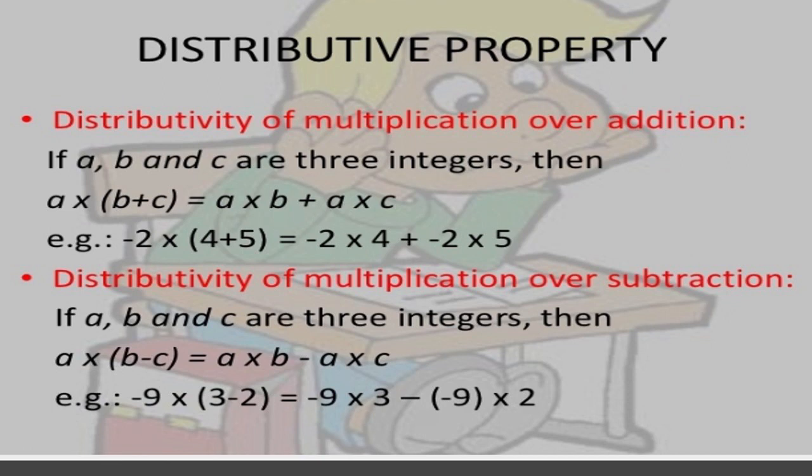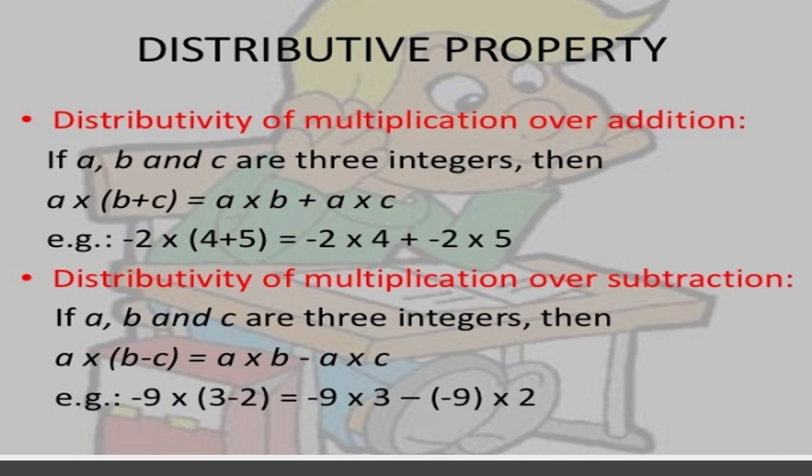First we add 4 and 5, which is 9. 9 into minus 2 is minus 18. While in the RHS part, minus 2 into 4 is minus 8. Minus 2 into 5 is minus 10. Minus 8 plus minus 10 is minus 18. So LHS is equal to RHS.